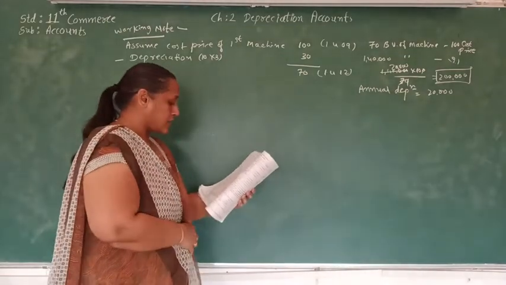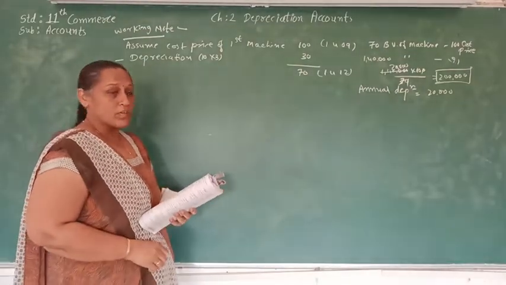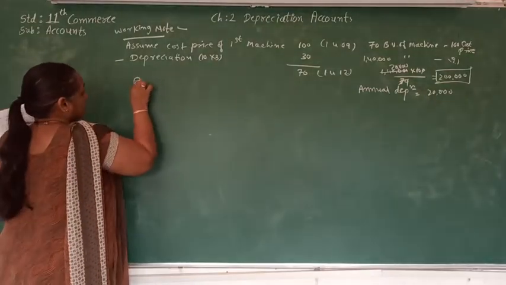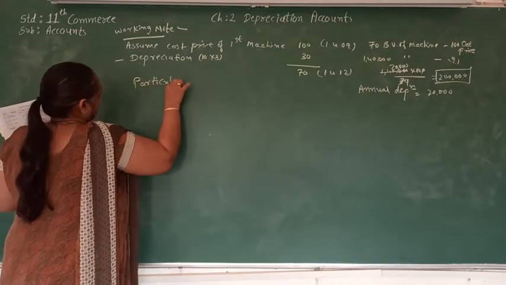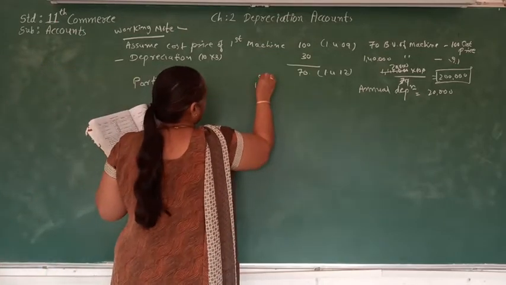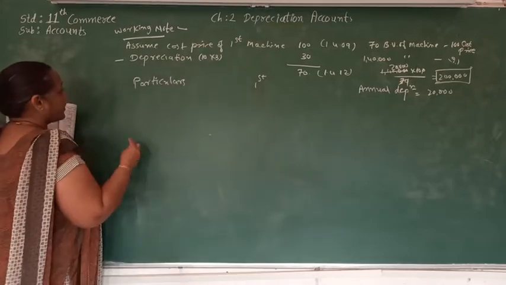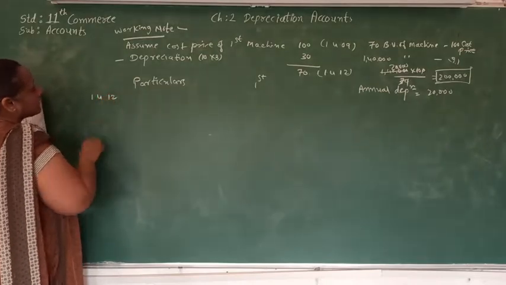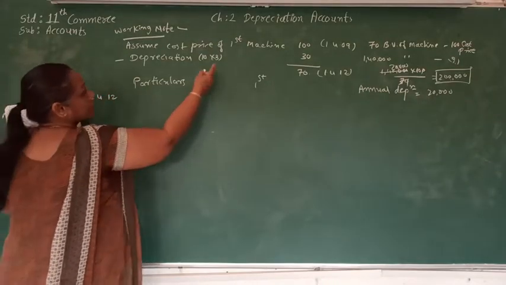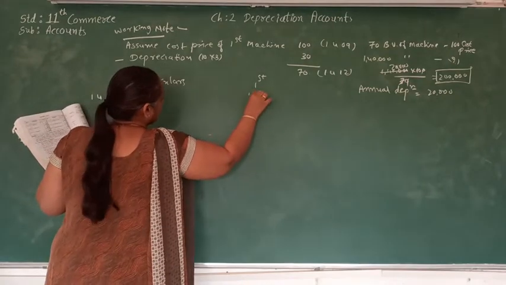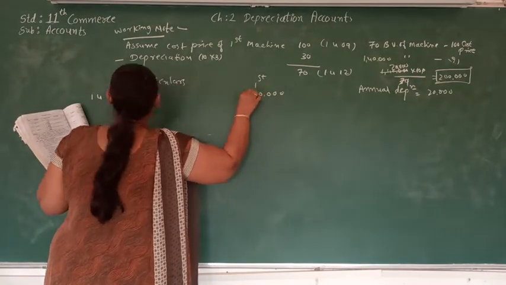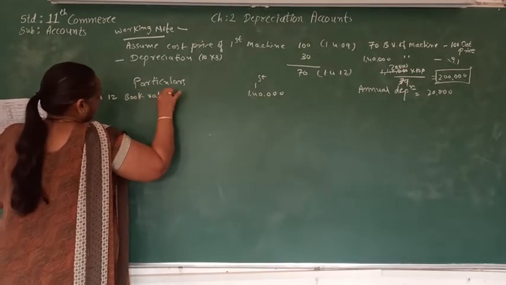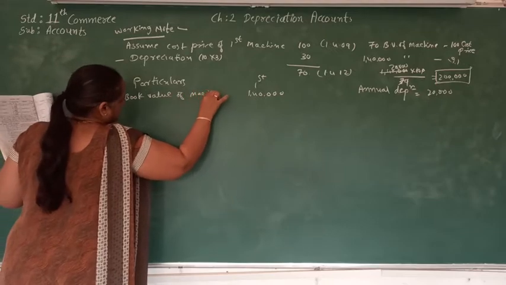So that is finished. Now let's prepare the working note for the depreciation of the first machine as well as the second machine. So let's say first machine. On 1/4/12, the book value of the first machine is how much? It is 1,40,000, that is already given to us in the sum. So that is 1,40,000 on 1/4/12, book value of the first machine.